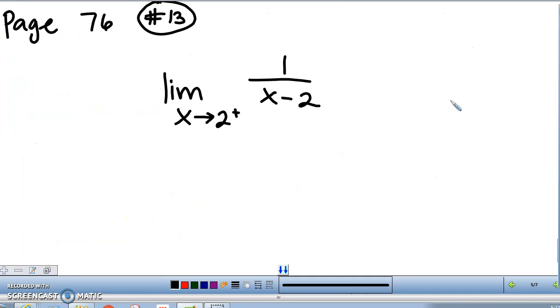Okay. Why don't you guys pause it, try this one. This is from page 76, number 13 from your homework. X approaches 2 from the positive side. Are values that are greater than 2.